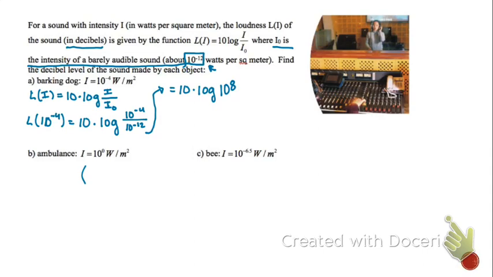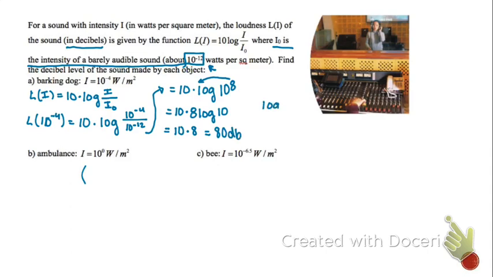All right, so now I want to use what we learned yesterday about the power of logs, how I can take the exponent and pull it down at front. So I've got 10 times 8 times the log of 10. All right, and I can rewrite that as 10 times 8. And that'll give me 80 decibels.